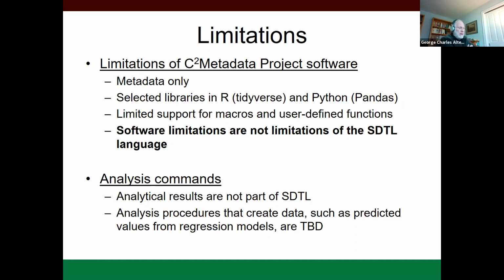We're talking about creating a way to capture the information you would need to describe something like a predicted value that comes out of a regression equation. That's more complicated than the things we've done so far in C2 metadata. So we're still figuring out how to do that, but that remains to be done.